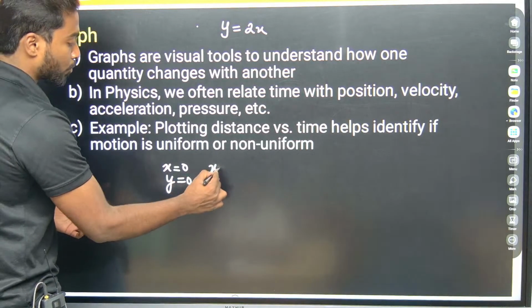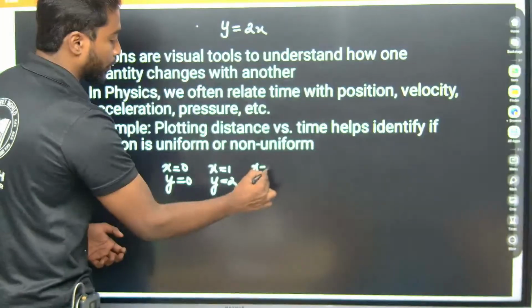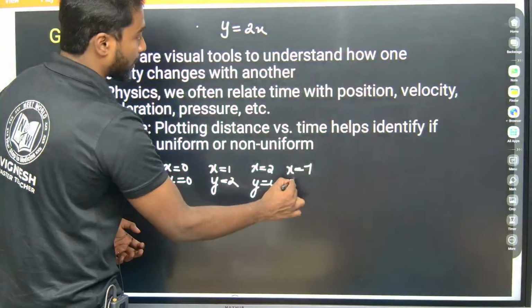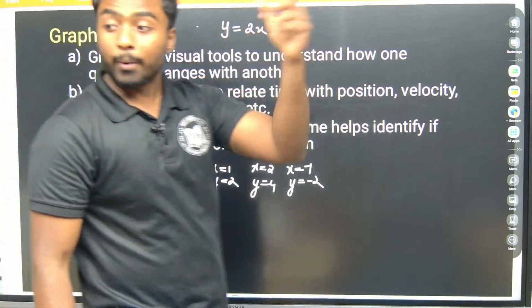X equals 1, y equals 2. X equals 2, y equals 4. X equals minus 1, y equals minus 2. As x changes, y also changes.